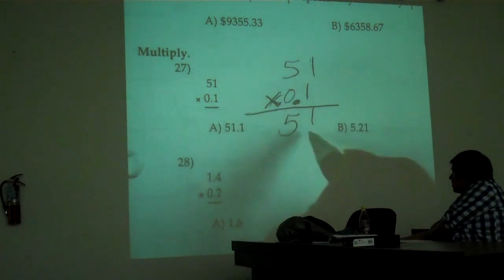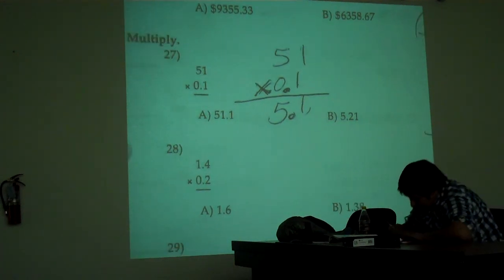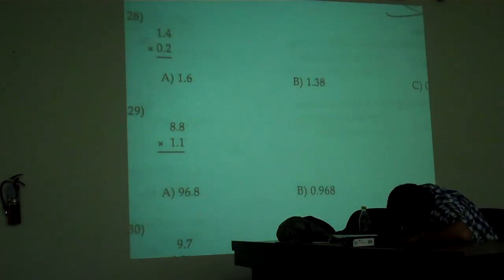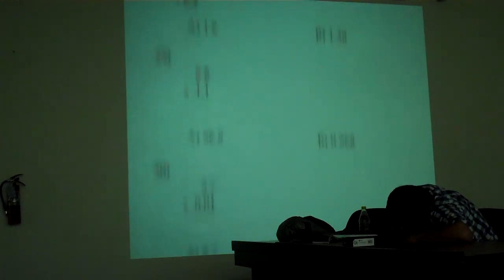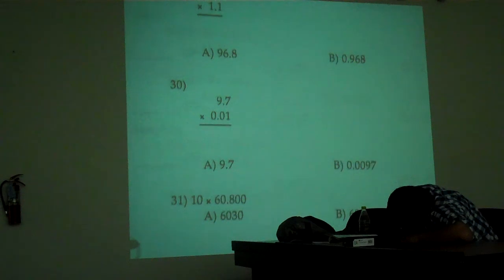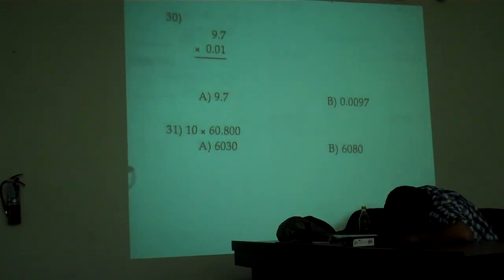There's only one number behind the decimal, so it's right here, 5.1. Okay? I'm going to let you do these other multiplications on your own. You can check your answers in the back. If you're at home watching it, you would be able to check your answers on the calculator.